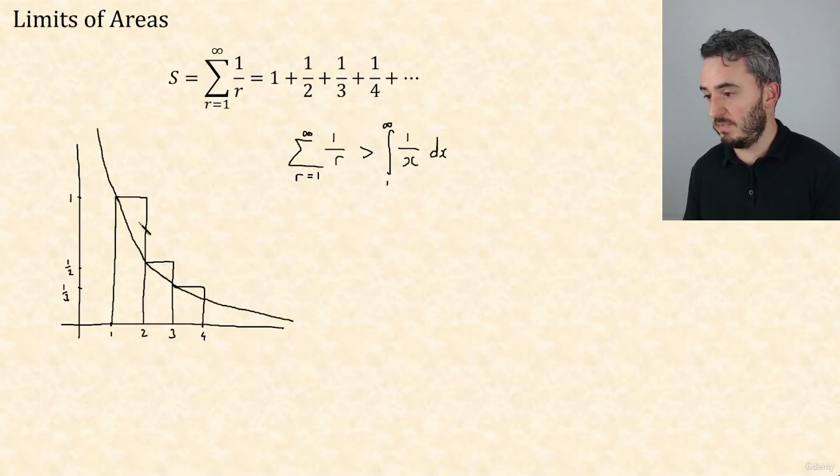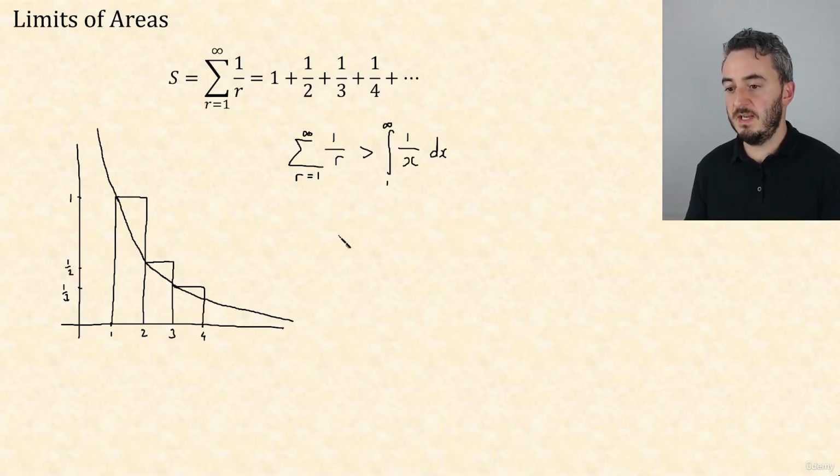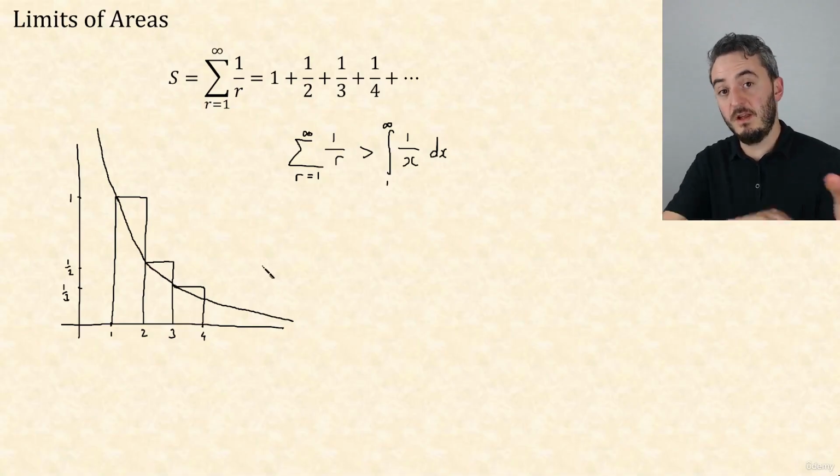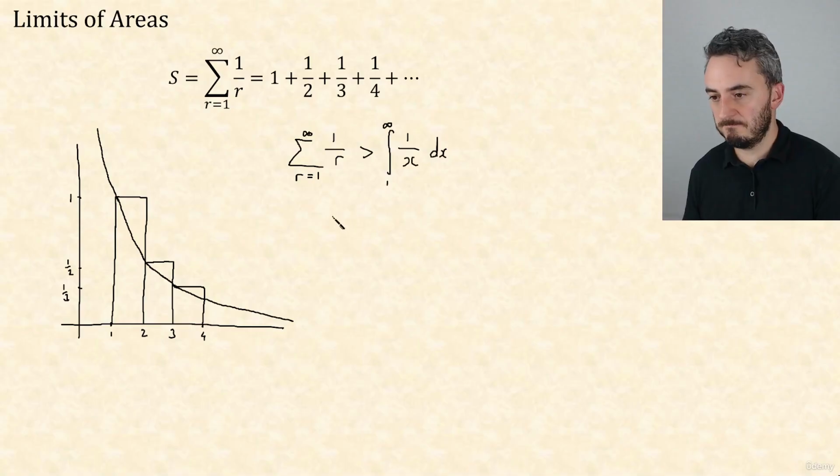And it must be bigger than it because every single one of these rectangles is going to poke out here. Now, in this case, that's obvious because this is clearly a decreasing function. In some cases, we actually have to prove that it's a decreasing function first, where that's not obvious. Because if it was not decreasing, this wouldn't be the case. So if it suddenly curved upwards, it might start curving above your rectangles.